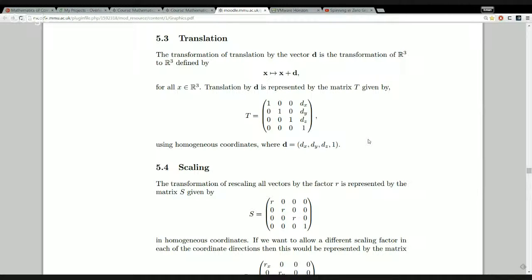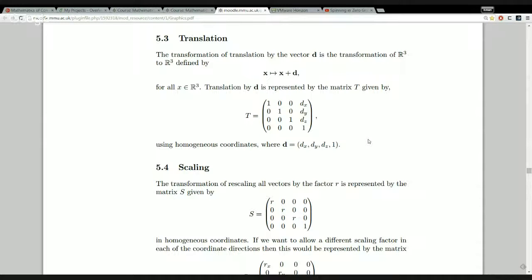Because if you have a vector x1, x2, x3, and a fourth homogeneous coordinate of 1, and you multiply it by this translation matrix, so 1, 0, 0, dx; 0, 1, 0, dy; 0, 0, 1, dz; 0, 0, 0, 1, when you carry out that matrix multiplication, look at what you get.